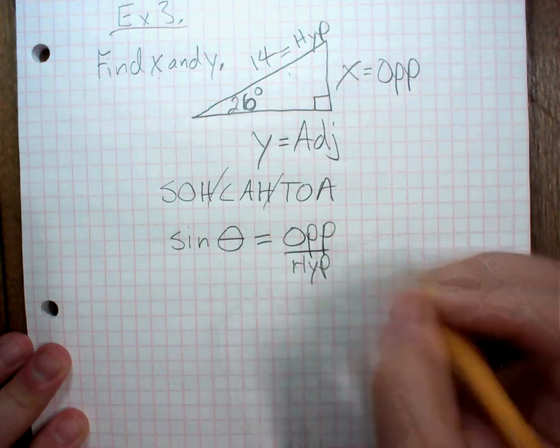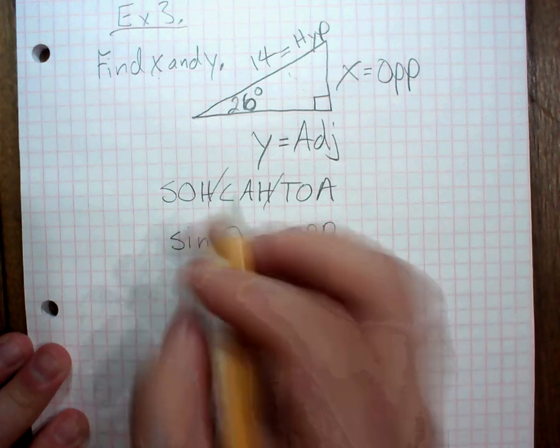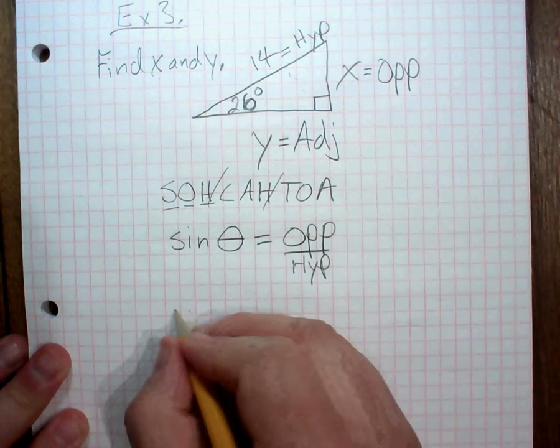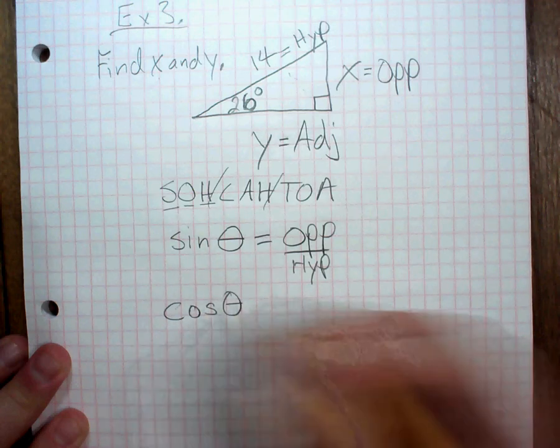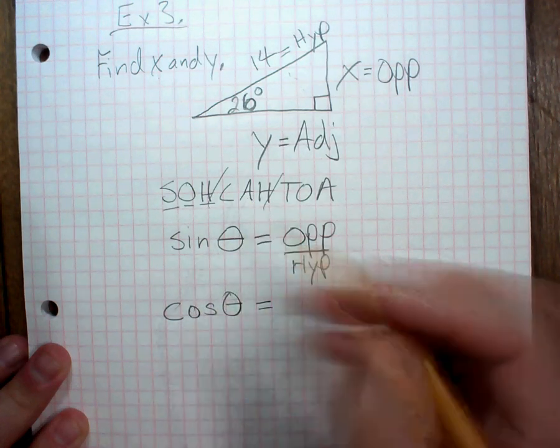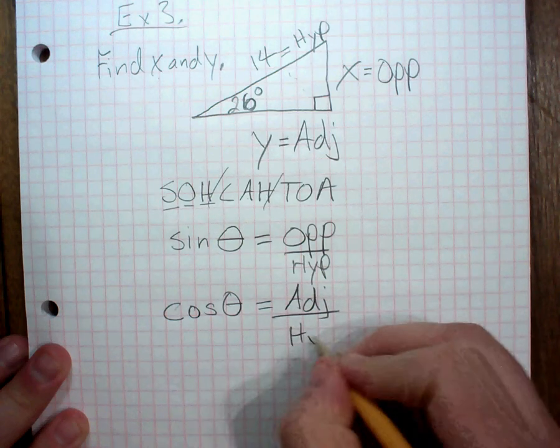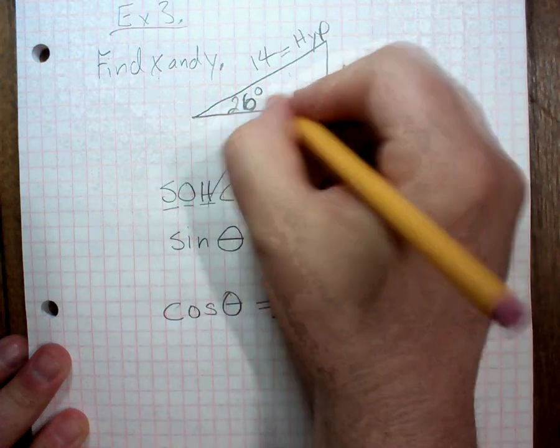And cosine of some angle theta is equal to the adjacent over hypotenuse.